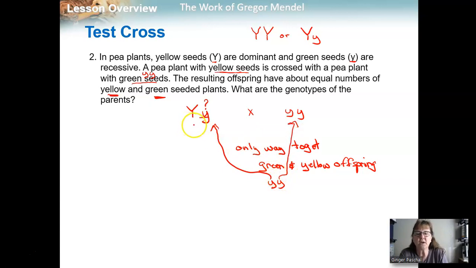So the genotype of the parents would have to be capital Y, lowercase y, and we know that the green one had to be lowercase y, because otherwise it would be yellow if it had a capital Y.